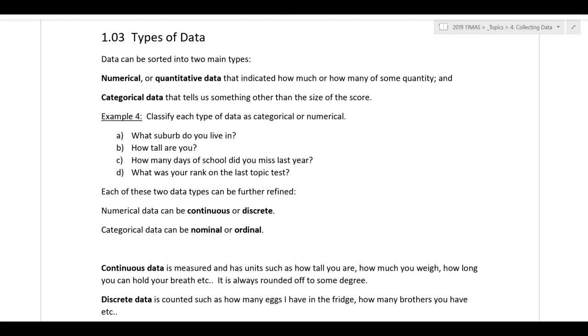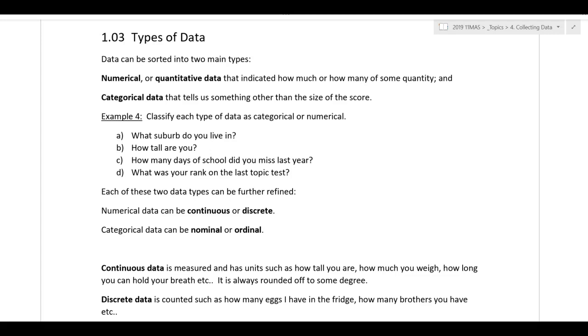So it's just the name. If I ask a question and your response is the name of something, then it's nominal data. Nom, not like number, but like name, like a nom de plume, which is a pen name, or a nom de guerre, which is a fighting name, like Dwayne "The Rock" Johnson. Nom meaning name, or referring to name.